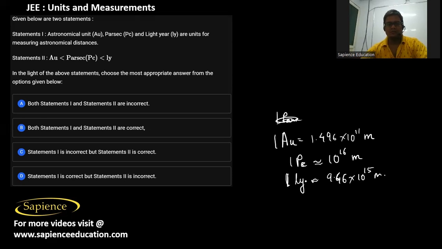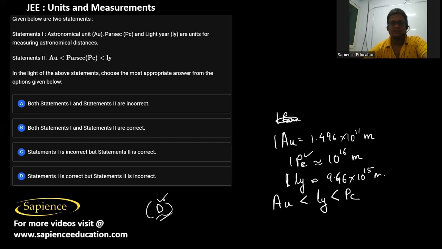So parsec is the highest. So the order should be astronomical unit less than light year less than parsec. So statement 1 is true and statement 2 is false. Statement 1 is correct, but statement 2 is incorrect. So option D is the correct answer.